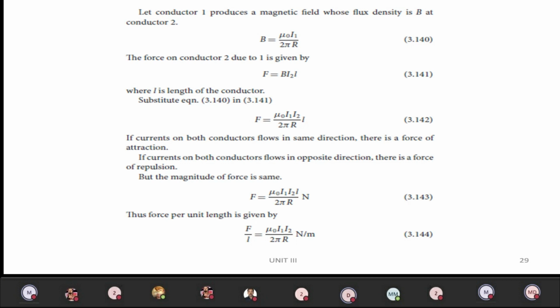So for two conductors carrying current, the force on one conductor over another is F = mu naught I1 I2 L divided by 2 pi r Newton.